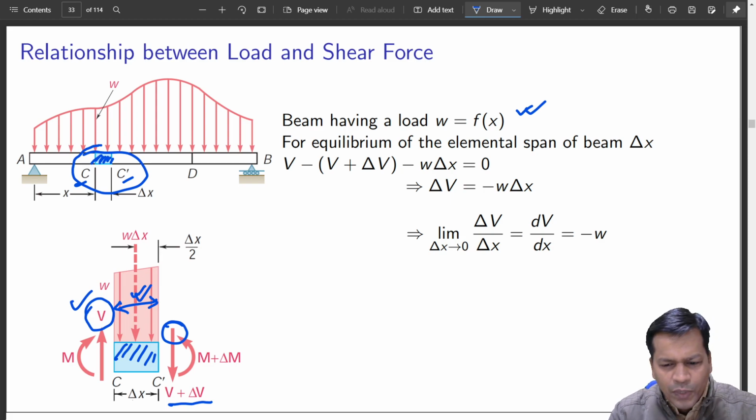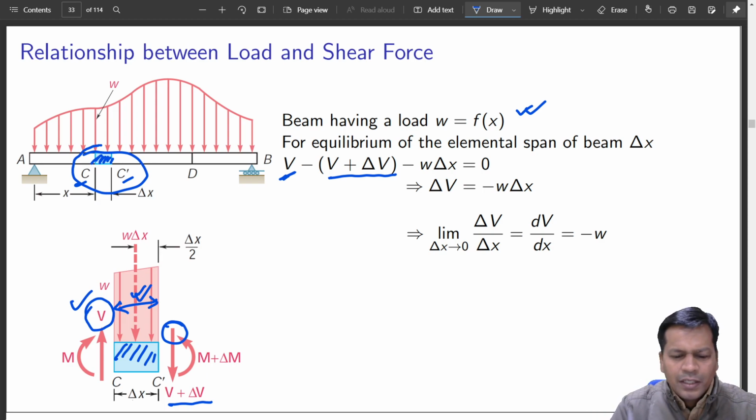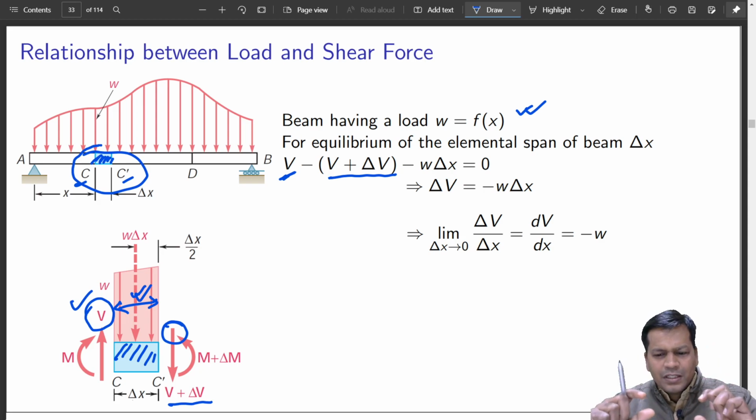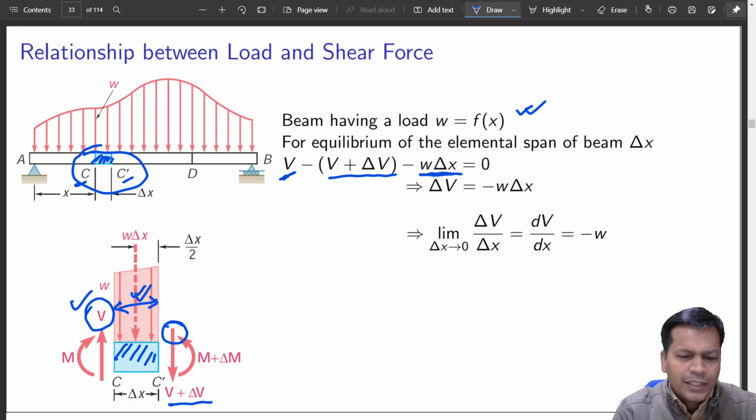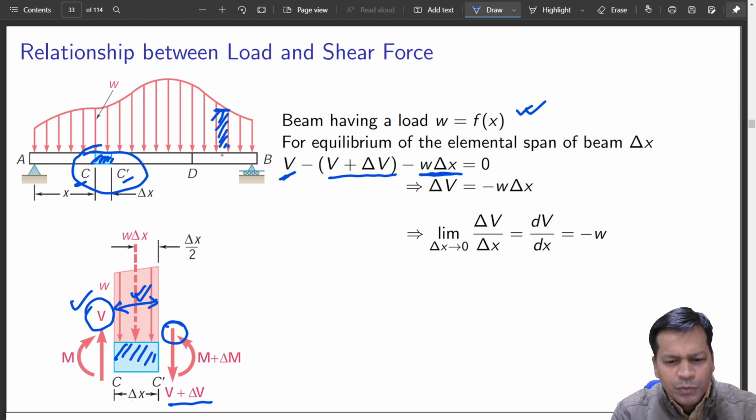Let us say if one end has V, the other end has V plus delta V, some additional restraining force that is generated so as to keep this in equilibrium, and this is the load W into delta X for a small unit. This may be assumed to be a constant.